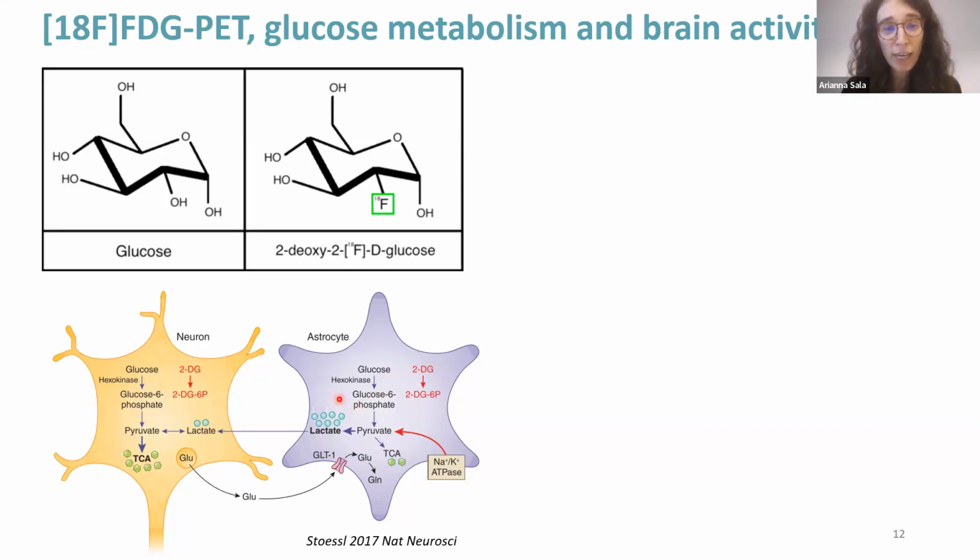And the very important thing is that we use glucose to produce energy, of course, to produce ATP, but the usage of glucose is linked by a specific biochemical pathway to glutamatergic neuronal activity. So when there is some excitatory activity going on, the usage of glucose is stimulated in the astrocytes.